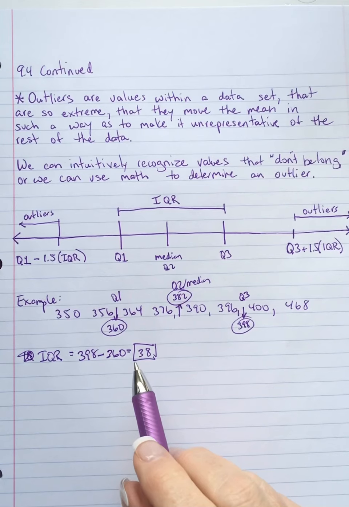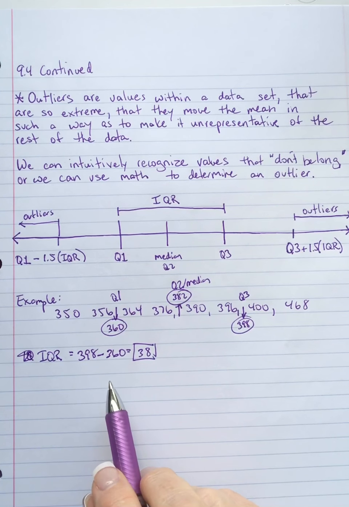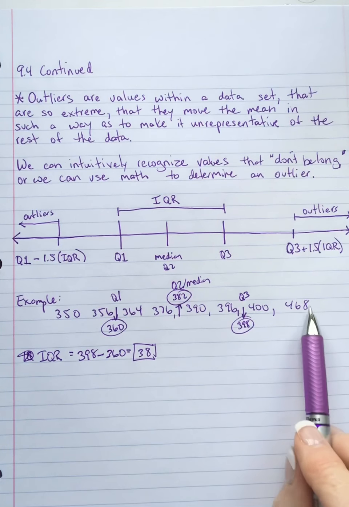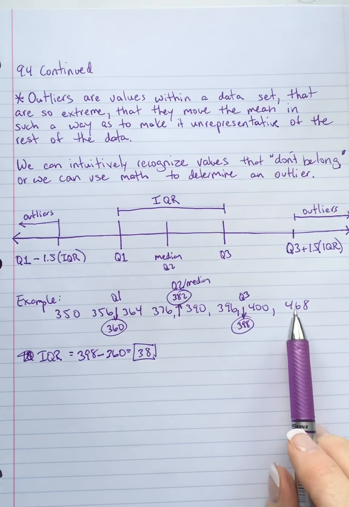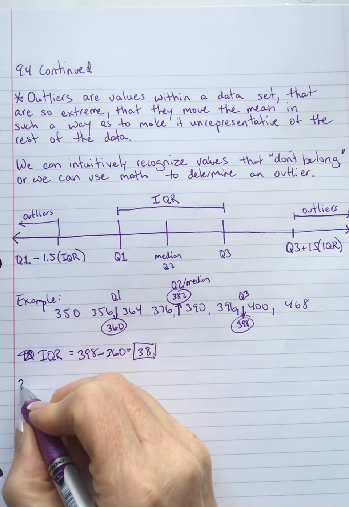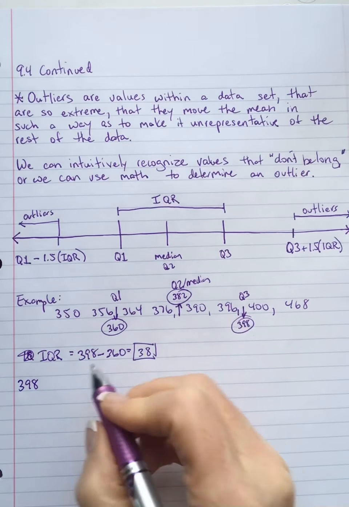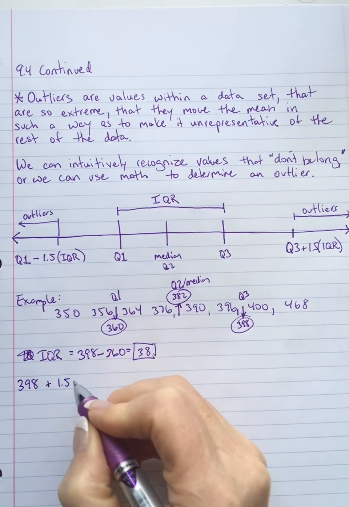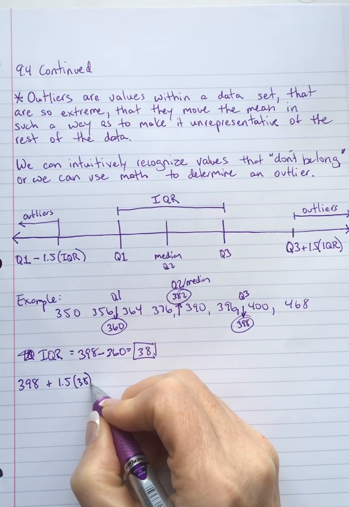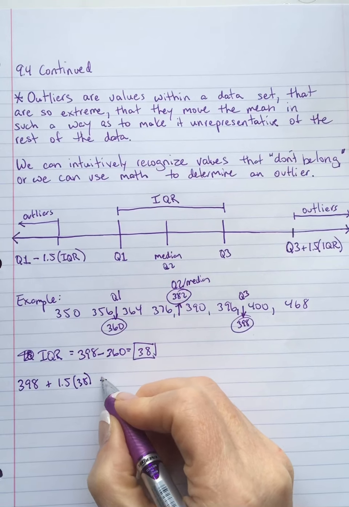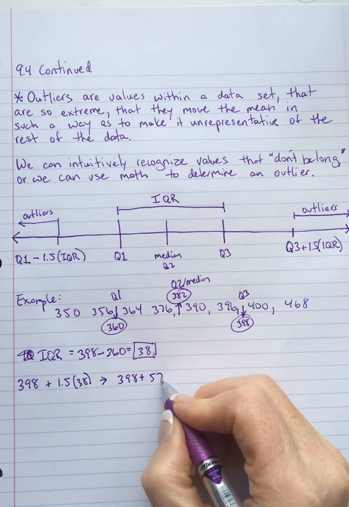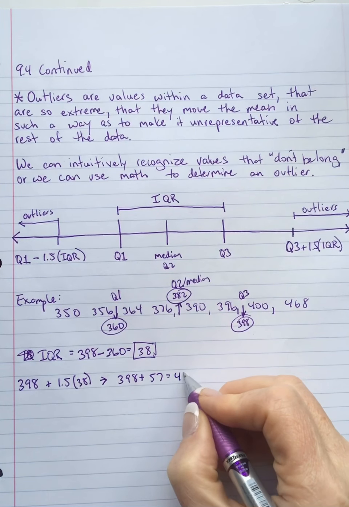So we're going to see if we have any outliers mathematically. Let's figure out if the 468 is technically an outlier. For that one, we're going to take our Q3, which is 398, plus 1.5 times 38, and we get 398 plus 57 equals 455.